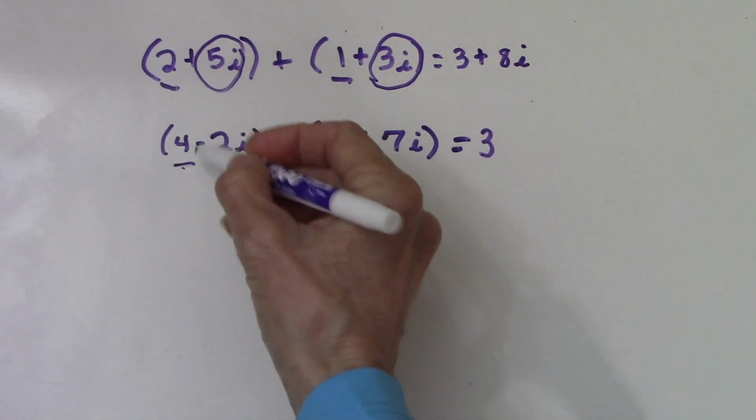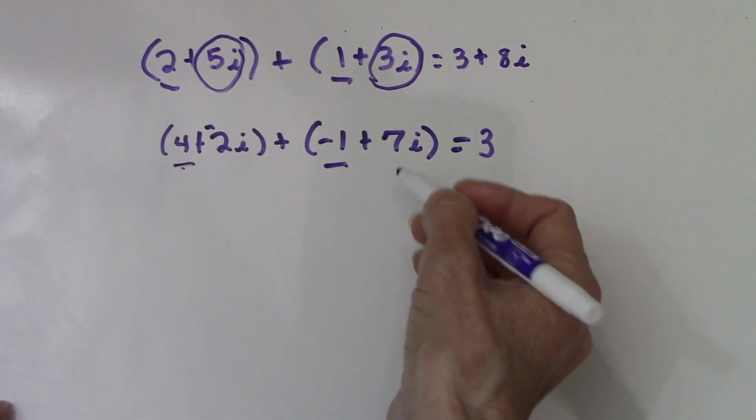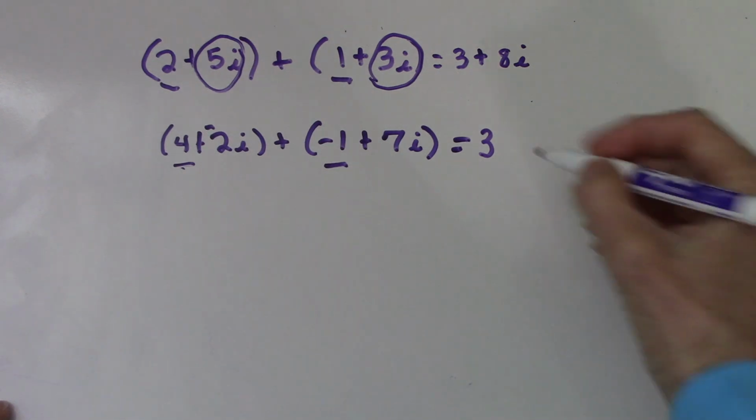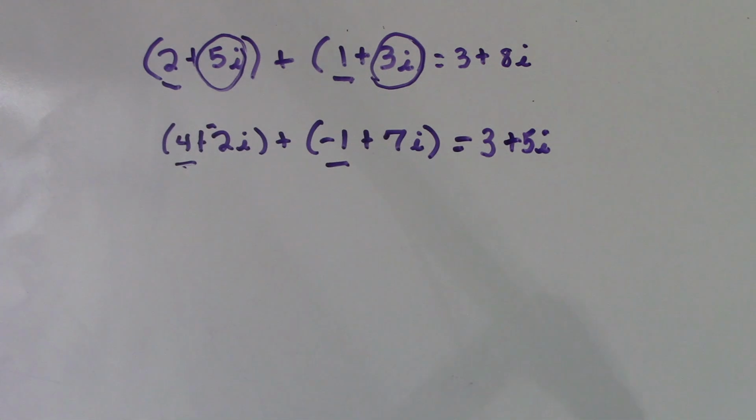And I think of this, instead of minus, as plus a negative. So I have -2i and 7i, and that gives me 5i. So when we add our two complex numbers, we just add our like terms.